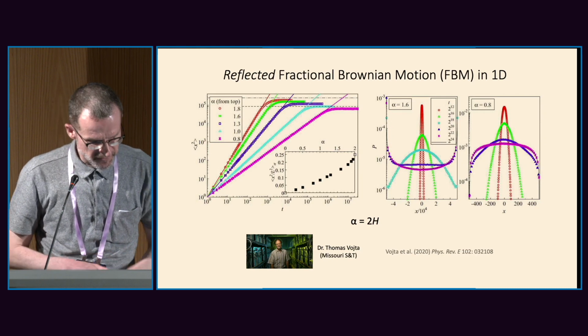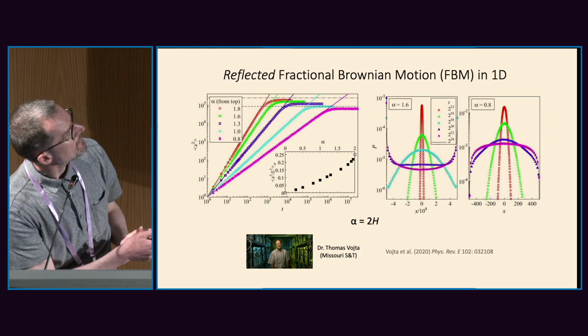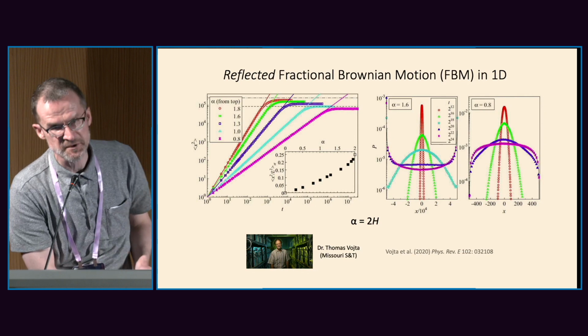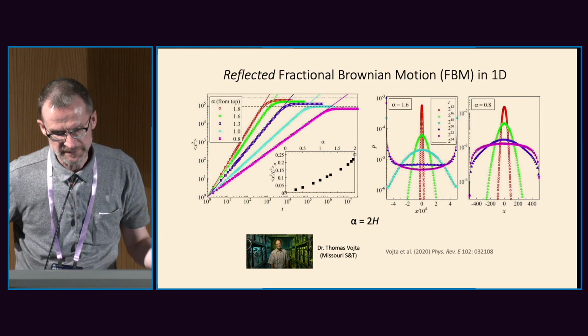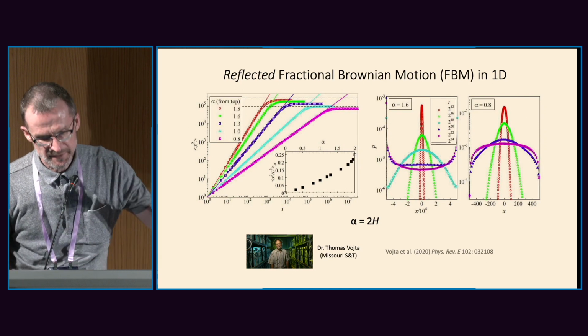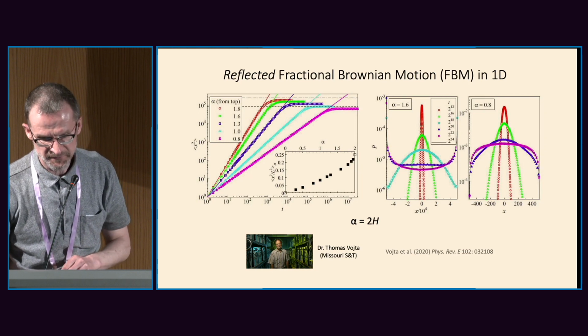One of the properties of reflected fractional Brownian motion is that it accumulates at the borders. If you have superdiffusive, H over 1/2, it accumulates at the borders. And you have the opposite if you have subdiffusion.